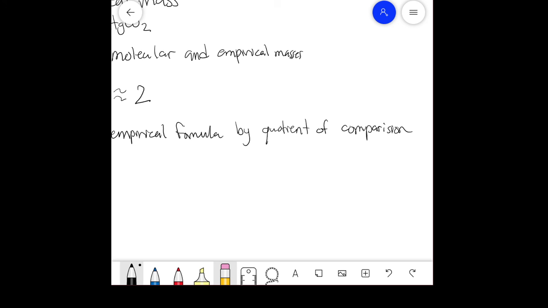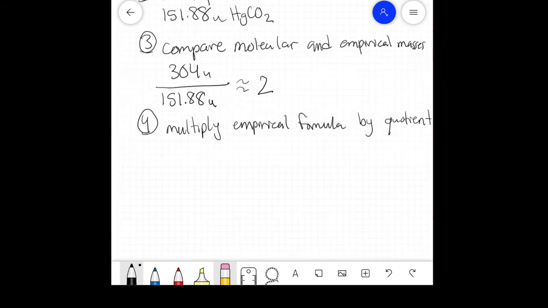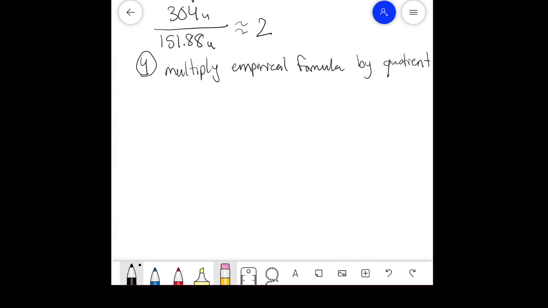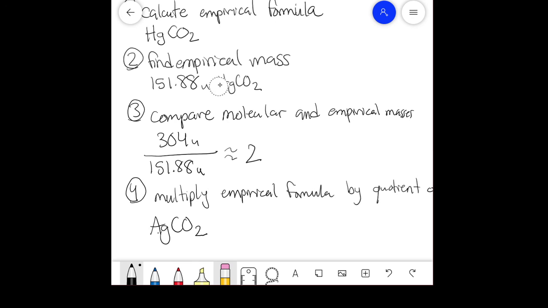Okay, so since we got about 2 for this, we're going to take our formula, which was AgCO2, and that H was actually an A the whole time. Silver. That is very silly.